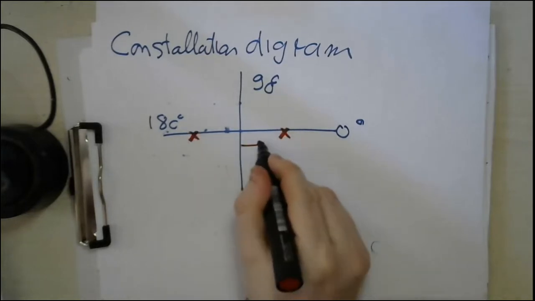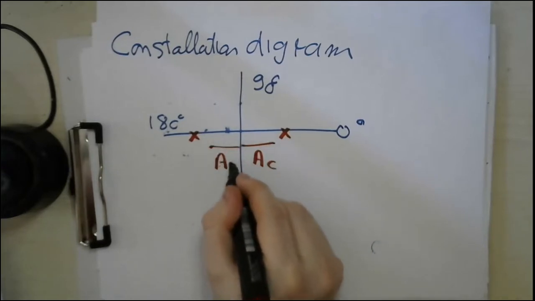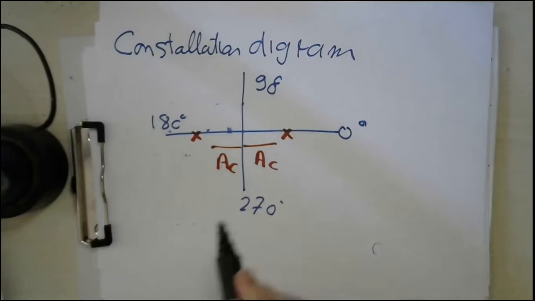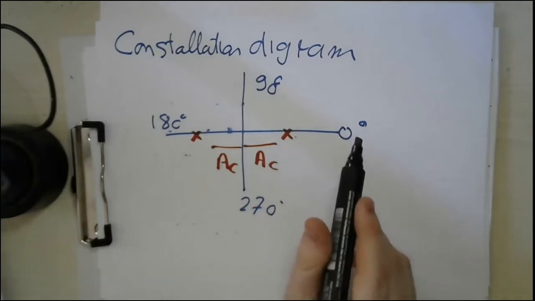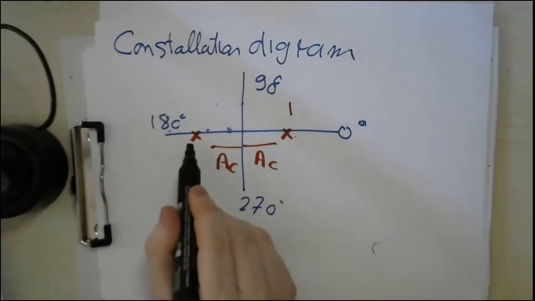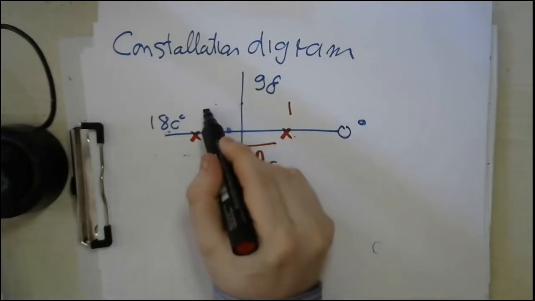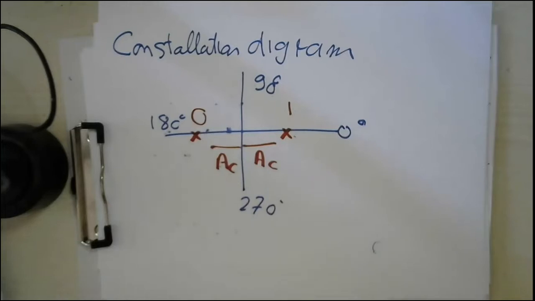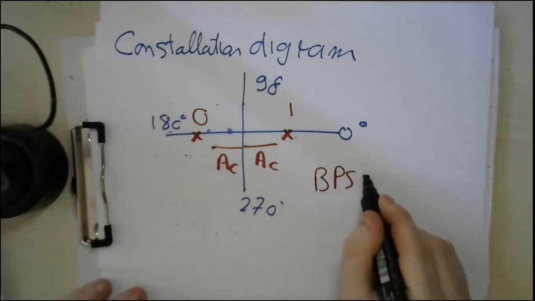The distance here is Ac, and the distance here is also Ac, because both have the same amplitude. But I will allocate one at the 0 phase to indicate that this is the 1 bit, and another one at the 180-degree phase to indicate this is a 0 bit. So simply, this is the constellation diagram for the binary phase shift keying.